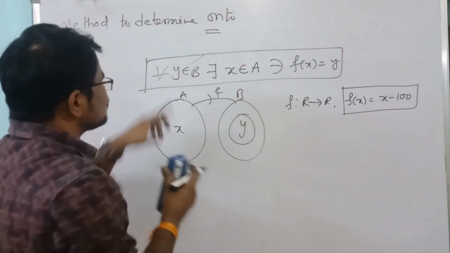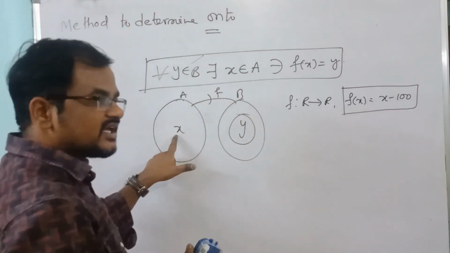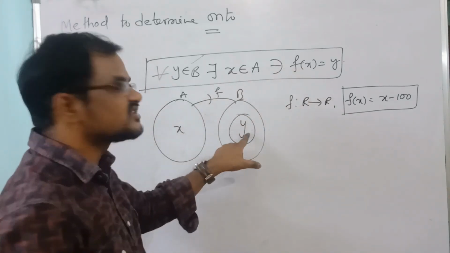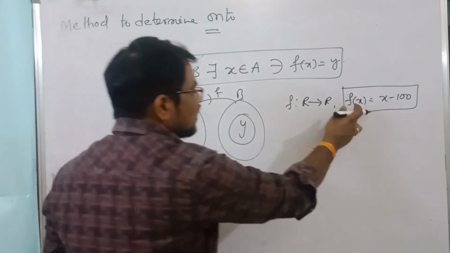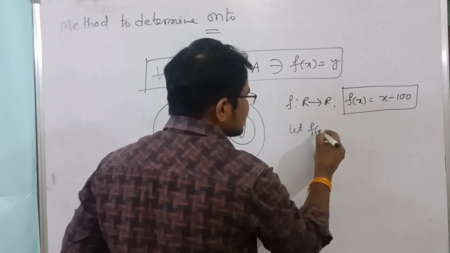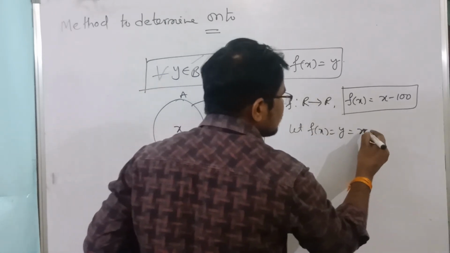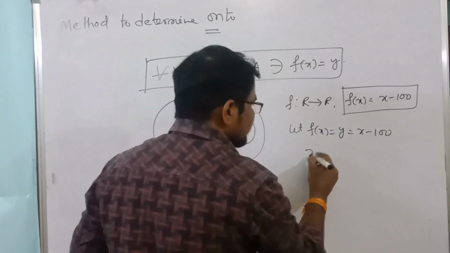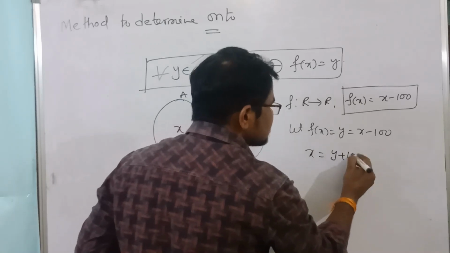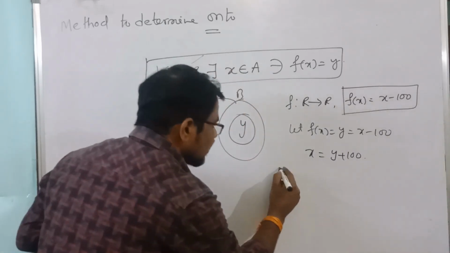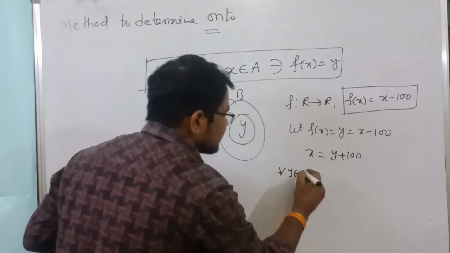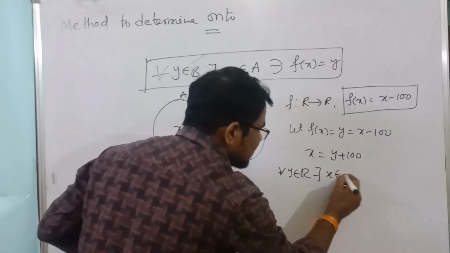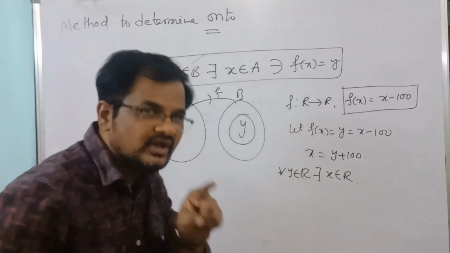For all y belongs to B, there exists an element x belongs to A such that f of x equals y. Let y equal to x minus 100. Now x equals y plus 100. So for all y belongs to real numbers, there exists x belongs to real numbers or not? That one we have to observe.